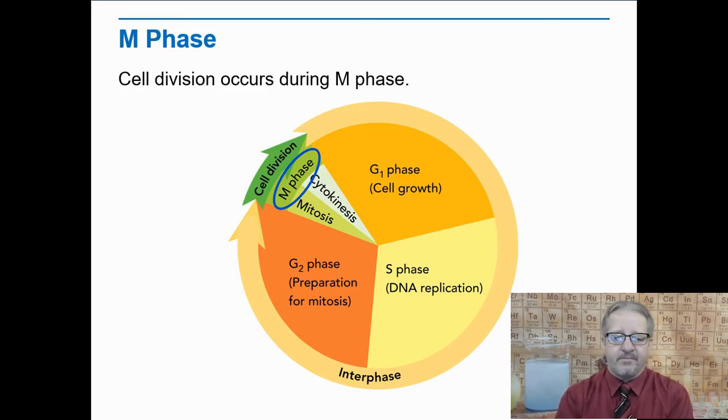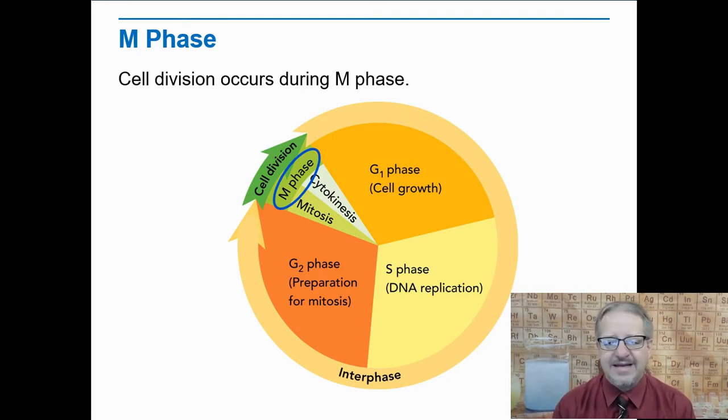Now, this is the point at which the cell's nucleus actually divides. So mitosis can be divided into 4 phases. So we kind of keep getting sub-phases in each of these phases. But mitosis we break up into 4 stages. And these 4 stages will lead up to the second part of M phase, which is cytokinesis.